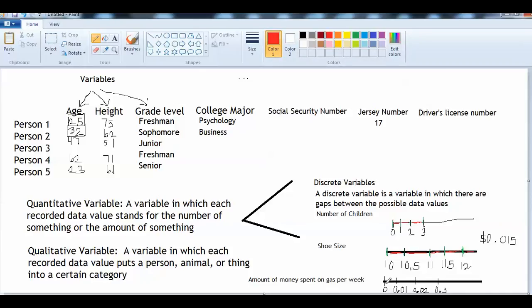So, let's see, you wouldn't have any possible data values in here, or in here, or in here. The possible values, or the possible answers that we would get, would jump from here to here to here to here.